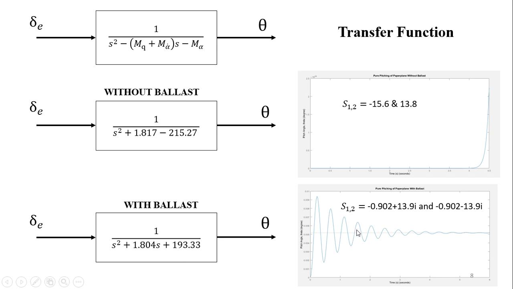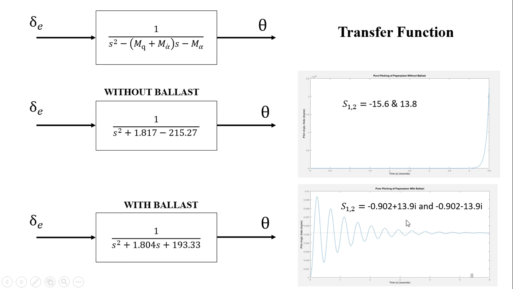We can also know the dynamic stability by looking at the roots of the characteristic equation. To get the characteristic equation, we equate the denominator to 0, and factorizing this equation will give us the eigenvalues or roots. With the roots, we can know how the airplane behaves. For the paper plane with ballast, the roots are complex conjugates with a negative real part.